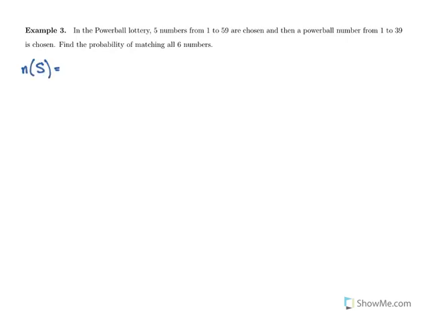How many different tickets are there? How many different ways can we get 6 numbers here? Well, we're going to choose our 5 numbers from 1 to 59. That's going to be something different than choosing the Powerball number.